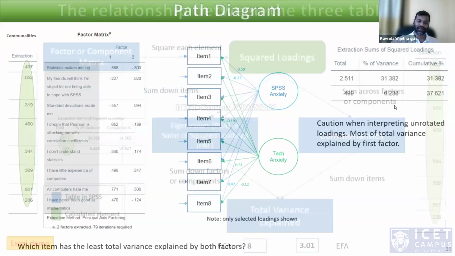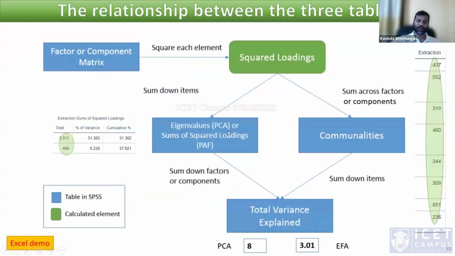So then if we add the other things, eigenvalues in the principal component analysis, or the sum of the squared loadings in principal axis factoring, right? Then summing down these items, summing down the factors or components, we can take the total variance explained. So in the principal component analysis, we can see that.